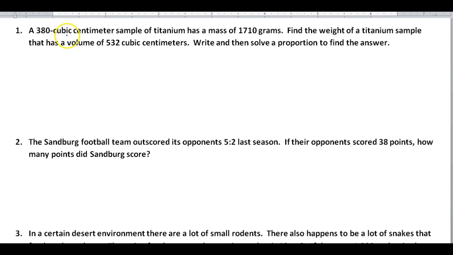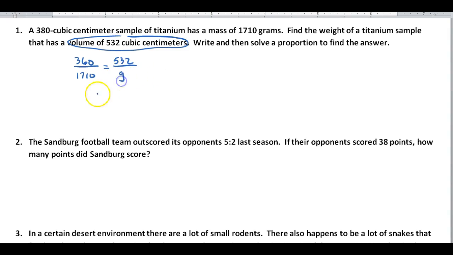Number 1, a 380 cubic centimeter sample of titanium has a mass of 1,710 grams. Find the weight of a titanium sample that has a volume of 532 cubic centimeters. So right away we have 380 cubic centimeters to 1,710 grams equals, here they tell us the volume is 532, and we're looking for the number of grams, or how much it weighs.